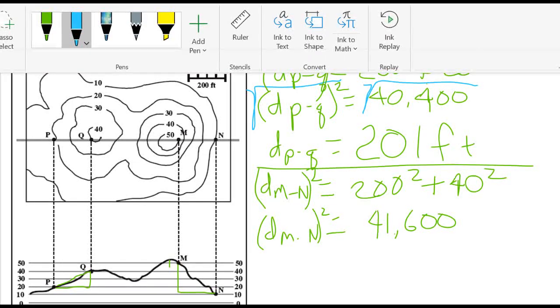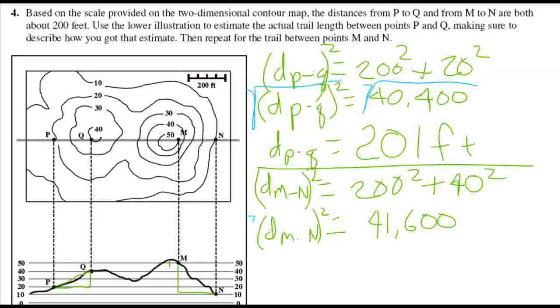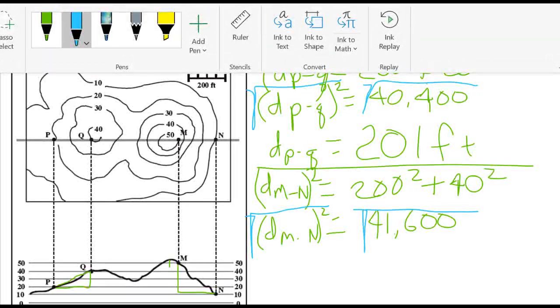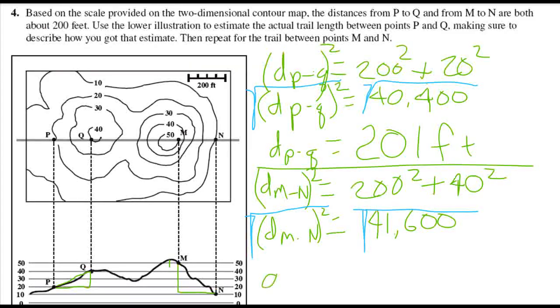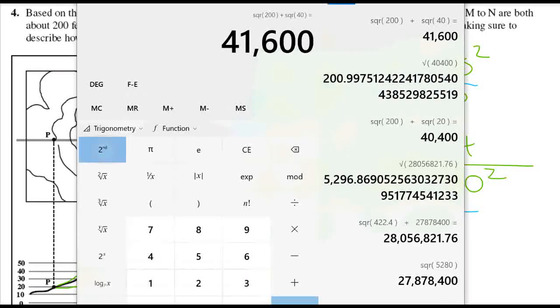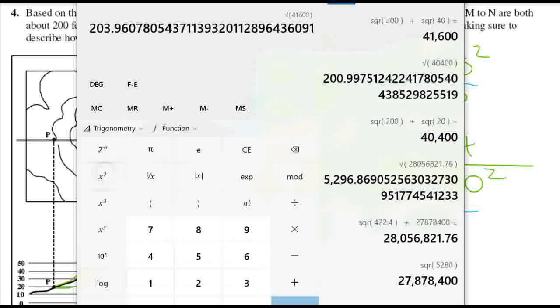And if I know that the distance squared is 41,600, I can take the square root of that, and it actually gives me the distance from M to N. I'll go back to my calculator. Second function, square root.